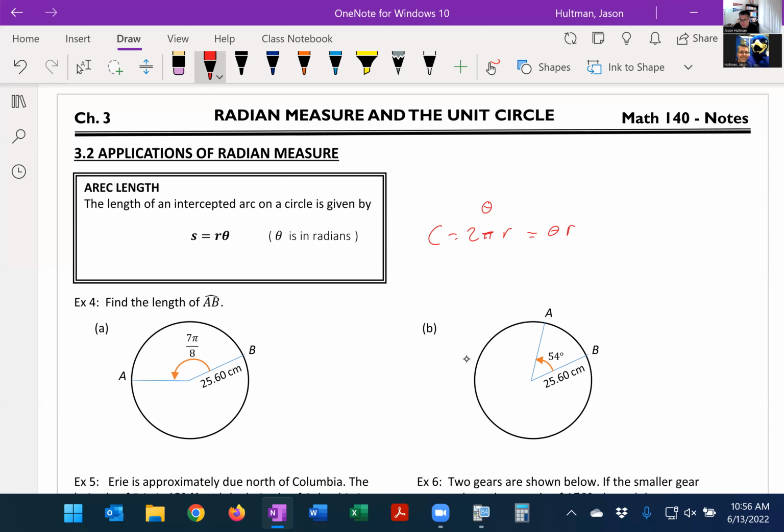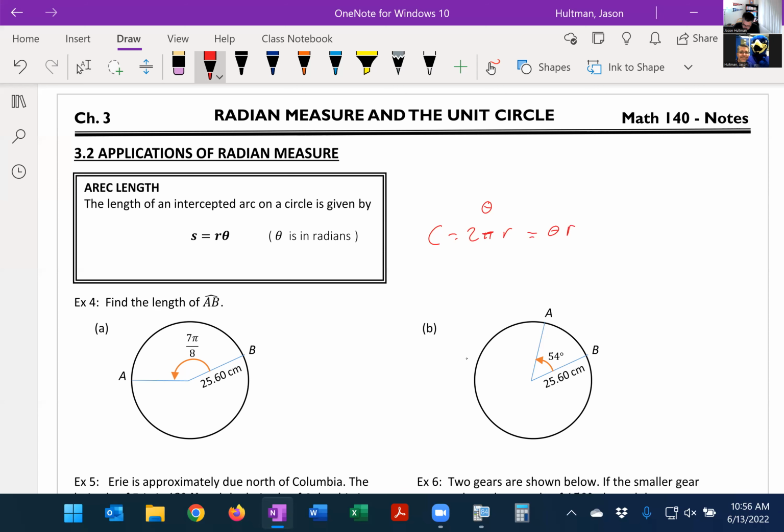If you did pi over 4, it would be 1/8 of the circle. So anytime you put the angle measure in radians and multiply it by the radius, you will get the arc length.